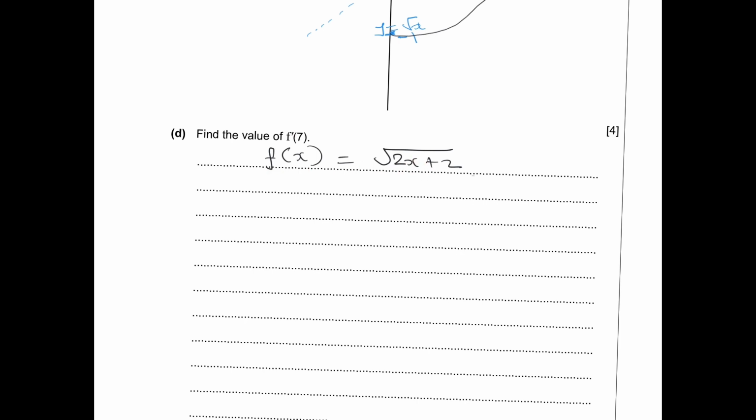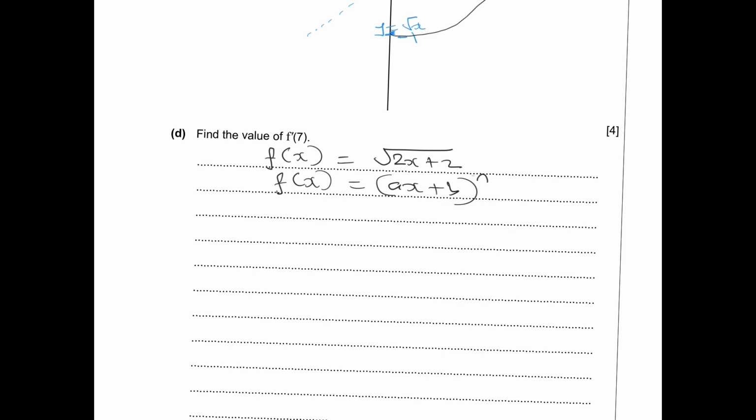Now I want you to realize that this function is in the form of ax plus b to the power of n. That's a composite function. It's not a simple function. So it's a compound function that, if we are to differentiate it, we have to apply the chain rule.